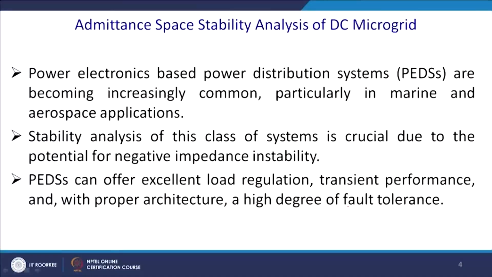Power electronics based power distribution systems, in abbreviation PEDS, are becoming increasingly popular in marine and aerospace applications. We have a submarine that requires DC propulsion and all those things. In a submarine it can be visualized because it has a huge battery bank.